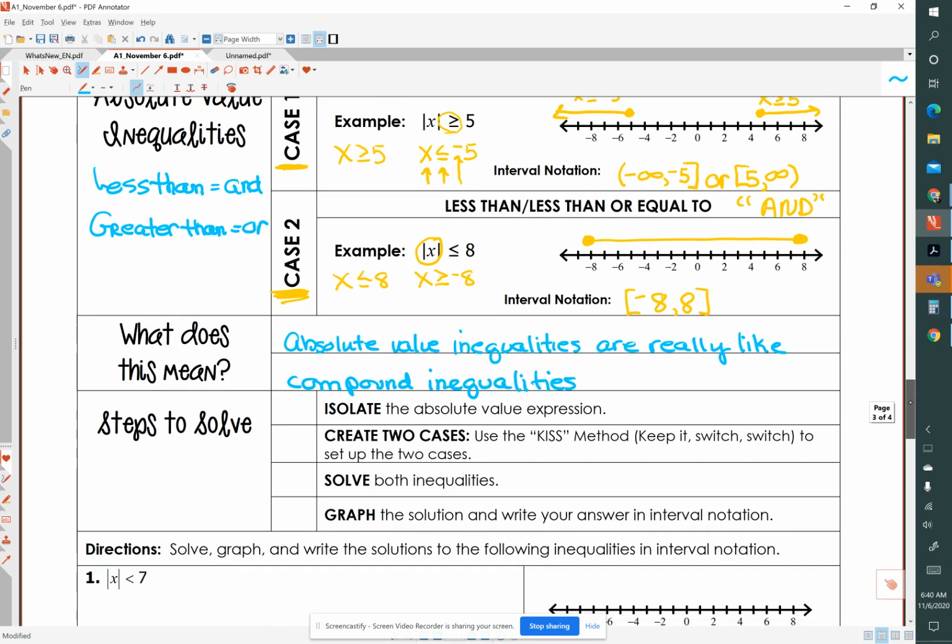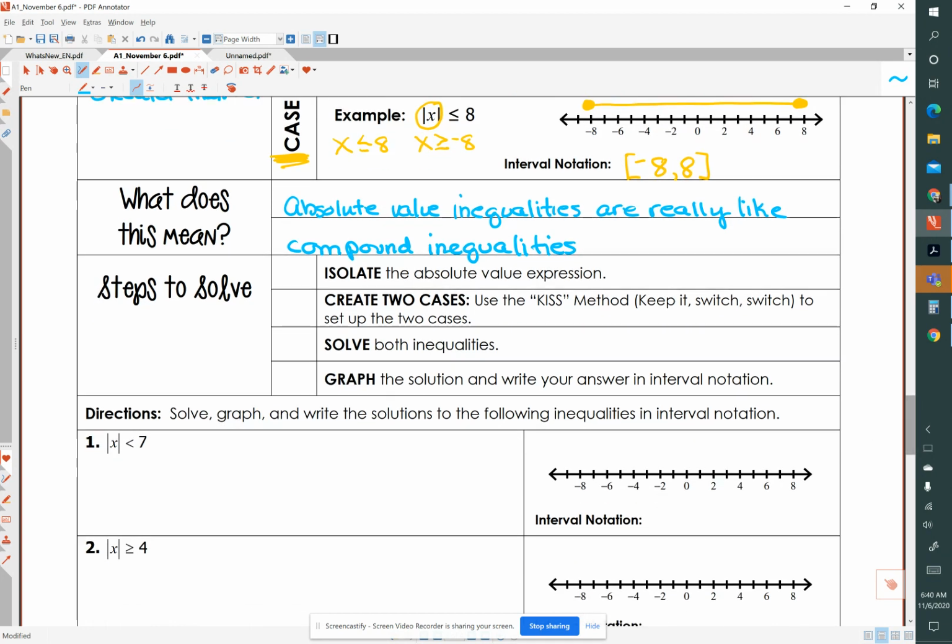So let's review what we've done. Remember, the first thing, we have to isolate the absolute value expression. Then we have to make two cases. And for the second problem, remember, keep the variable, switch the inequality, switch the sign to set up the two cases.